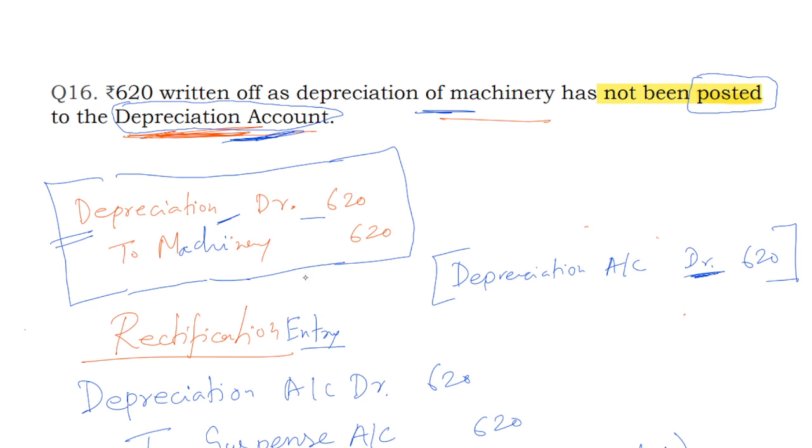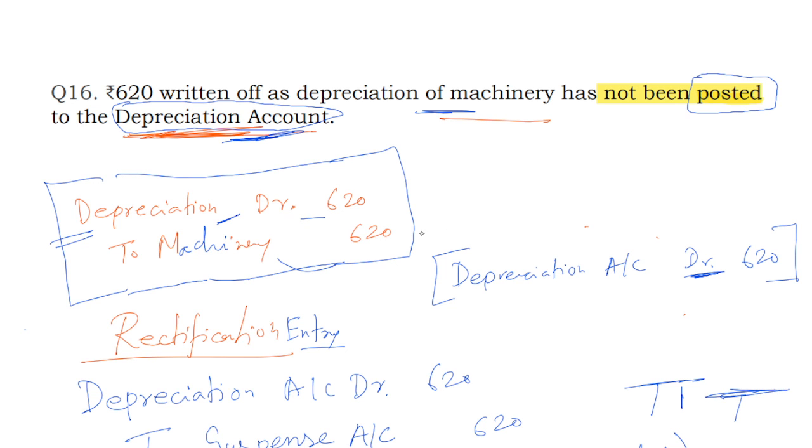Which account should be credited? Machinery? No, because only the depreciation account is not posted; the machinery account is already posted. In the ledger we prepare accounts separately, so in machinery it is posted, but in depreciation it is not.